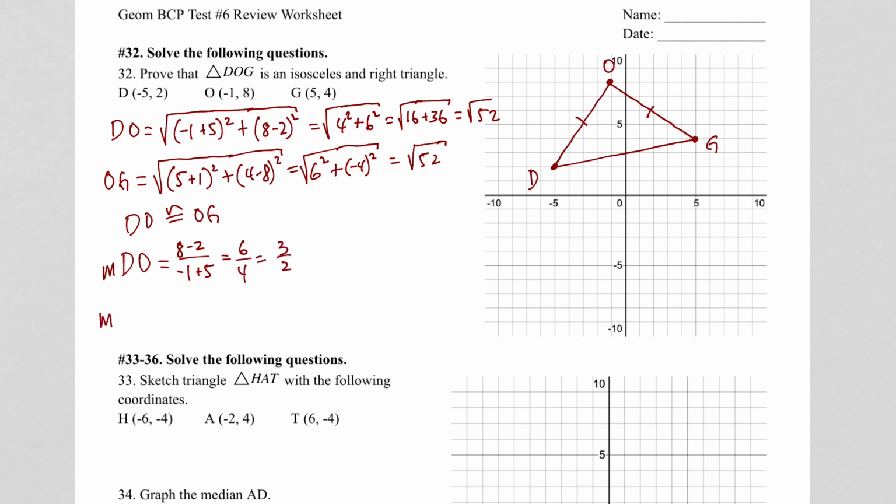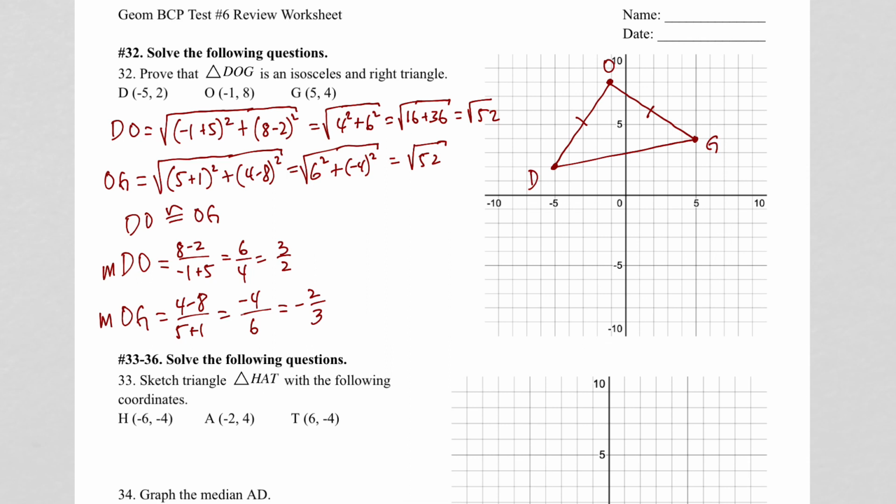That was the slope of DO. The slope of OG is y2 minus y1, 4 minus 8, over x2 minus x1, 5 minus -1, which is 5 plus 1. So we have -4 over 6, which is -2/3. These are opposite, one's positive, one's negative, reciprocals. You flip it upside down, you get that.